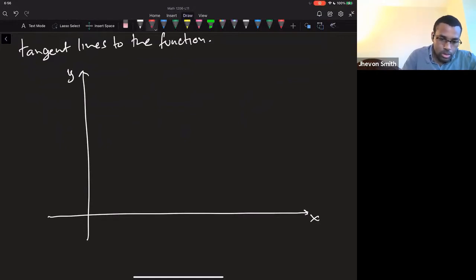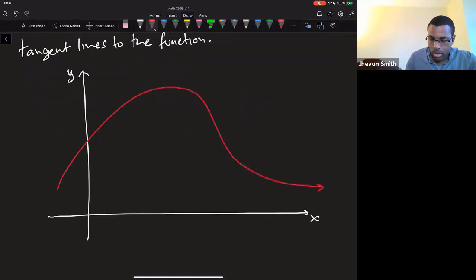But we can use a tangent line to approximate stuff and get away with some approximation. So let's say, I'll talk specifically about a nice application here. Let's say this is our function f of x, and I care about what the function is doing at a specific point, a.